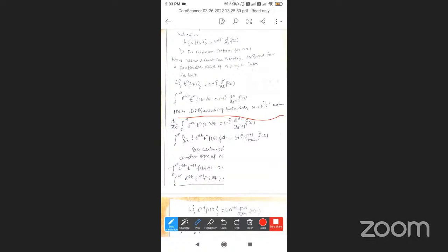By Leibniz's theorem we apply the differentiation. Now differentiating both sides with respect to s, we have d by ds of the left hand side.